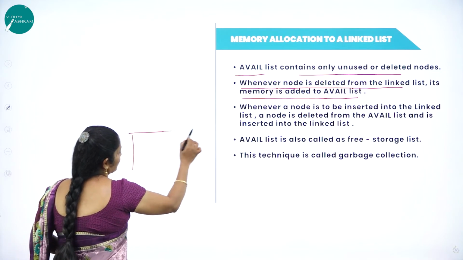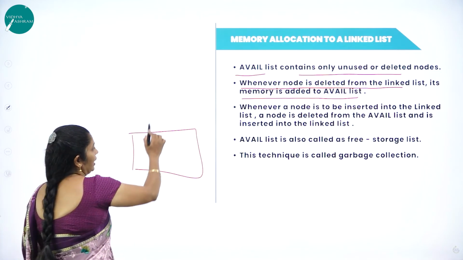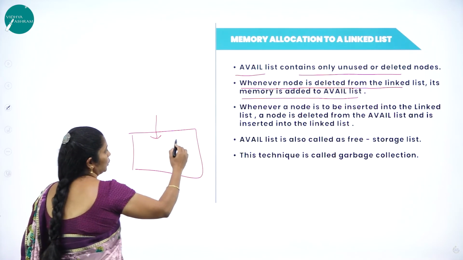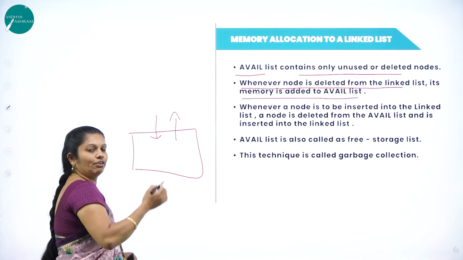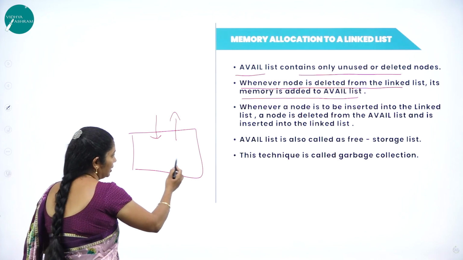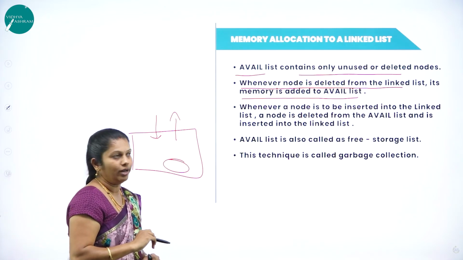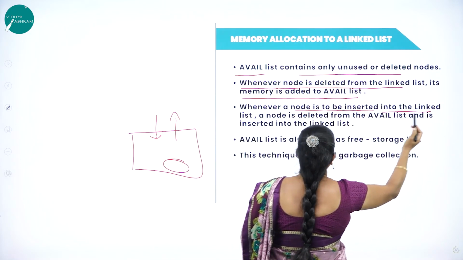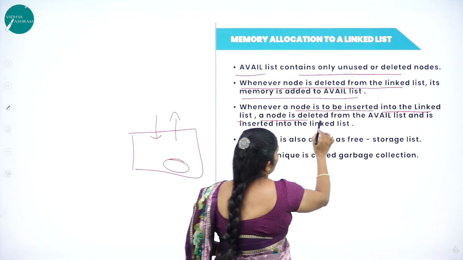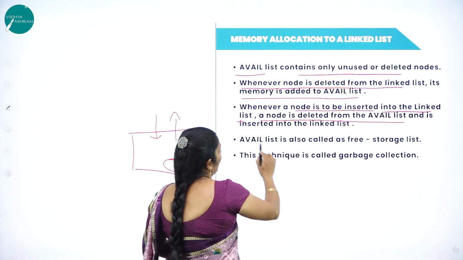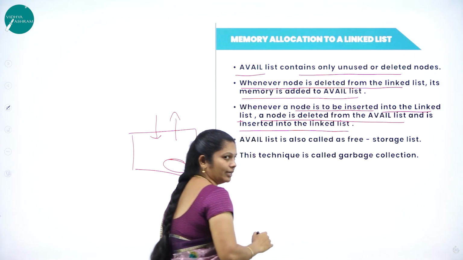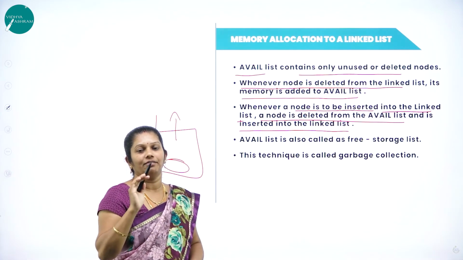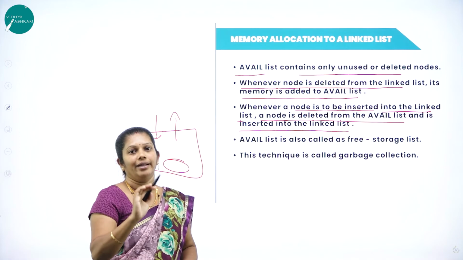Consider this is a place where, when you want to delete a node, the node will come and be stored in this avail list. Once again, if I want a node, we can take it only from this avail list. At that time, the node will be removed from the avail list. Whenever a node is to be inserted into the linked list, the node is deleted from the avail list and inserted into the linked list. It means that the avail list is a place where we store unwanted deleted nodes.